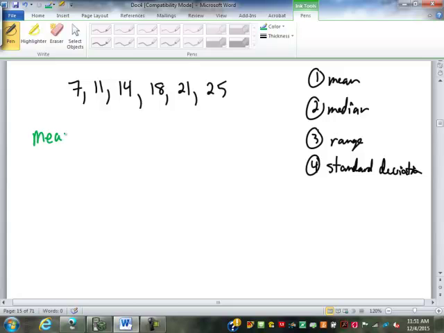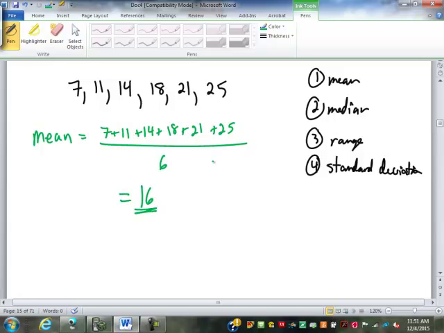So for the mean, we're going to add them all up. And what are we going to divide by? 6. There are 6 numbers in our list, so we're going to divide by 6, which gives us 16 as the mean. Cool. Anybody have questions on that?